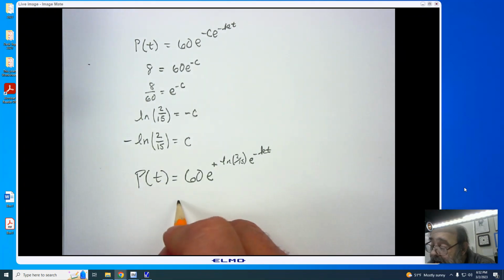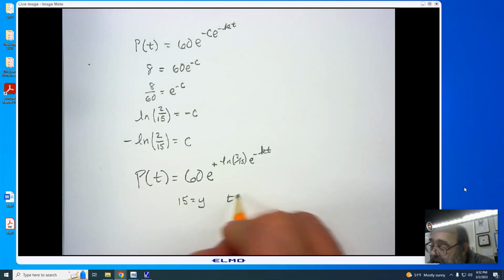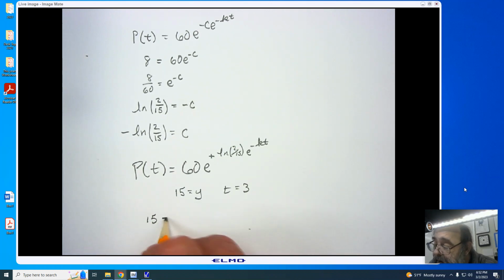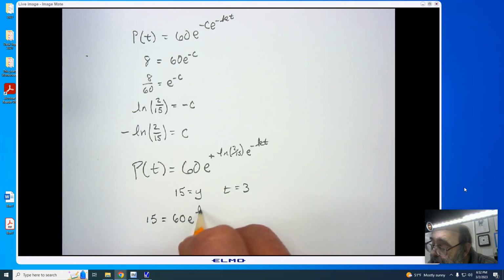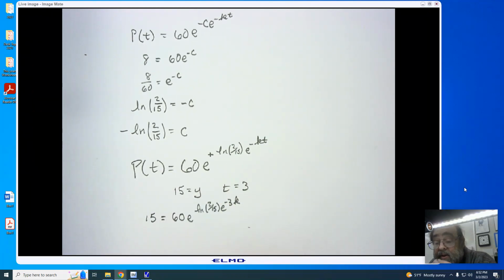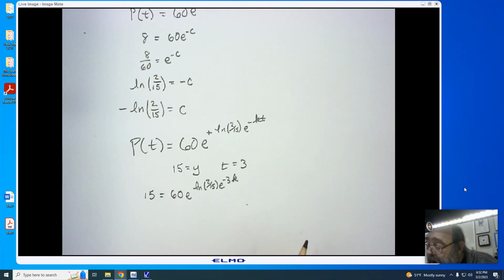We're now going to plug in 15 is y when t equals 3. We end up getting 15 equals 60e to the natural log of 2/15 e to the negative 3k. And we're now going to solve for k. I'm going to divide, which gives me 1/4.